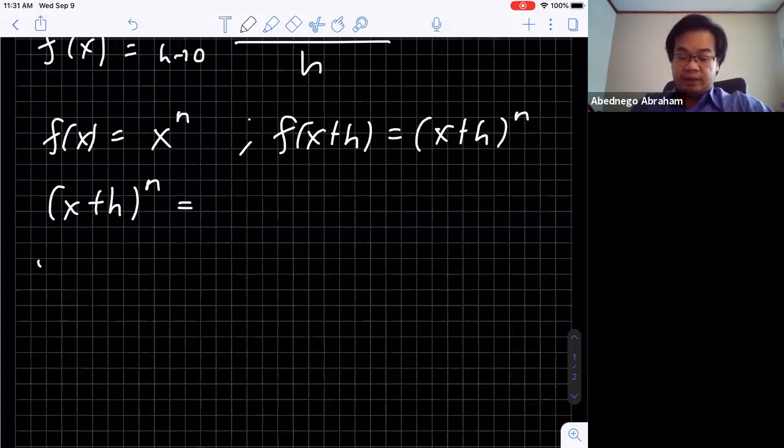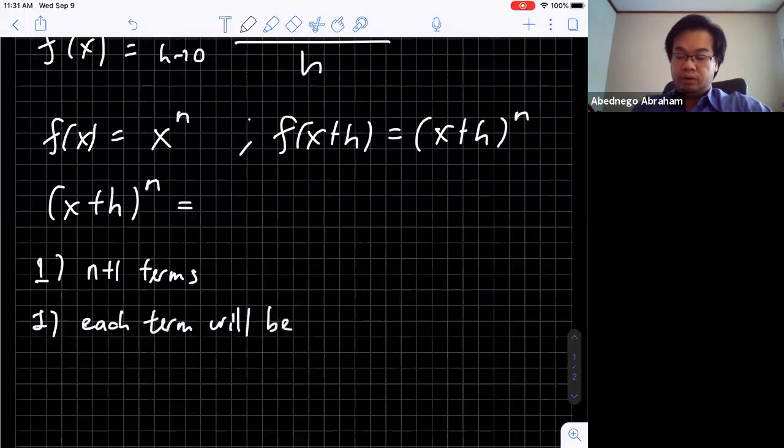The first one is there will be n plus 1 terms. Number 2, each term will have total power n.